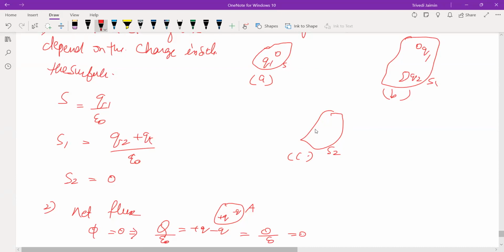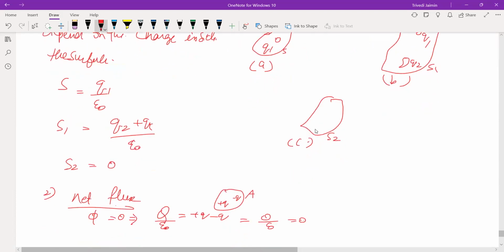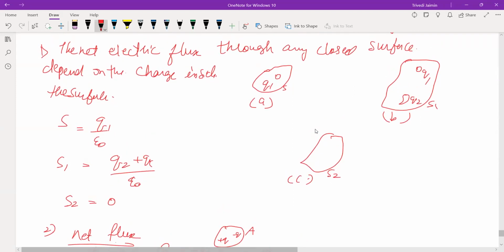Understood? Guys, are you able to understand? Yes, sir. Okay. So we took inside charge. Let's take one point outside. If you're done writing, we'll take one more point, then only we'll end class.